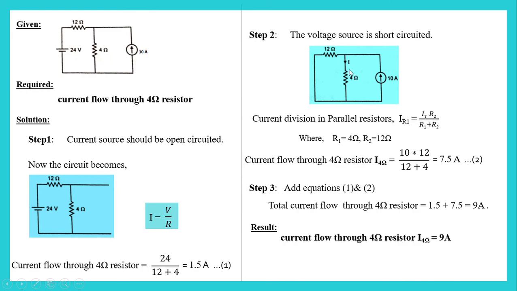In step 2, we considered the 10 amp source alone and the voltage source was made inactive. In step 3, we add the two currents taken from step 1 and 2. In the result, we get the value of 9 amps. Thank you all.